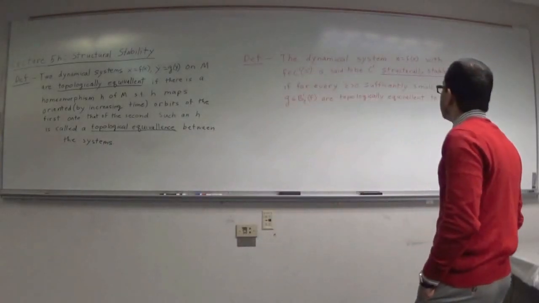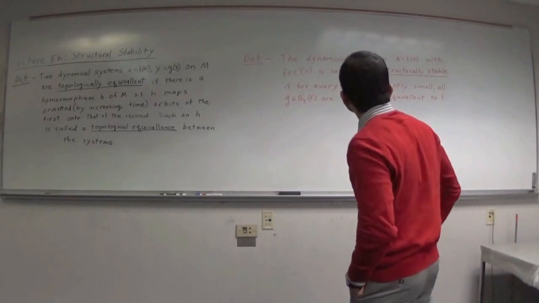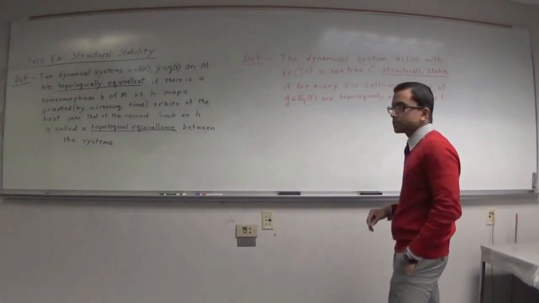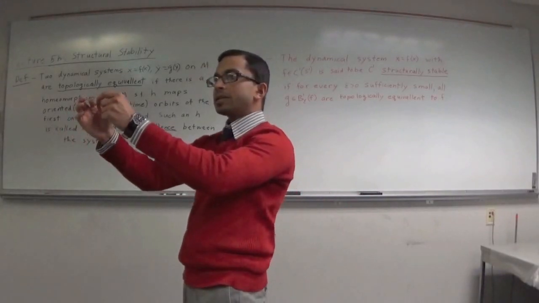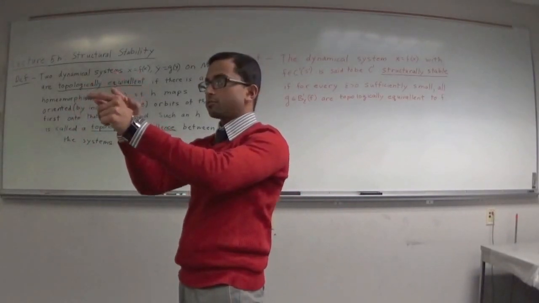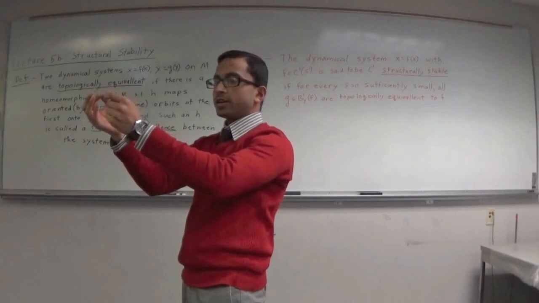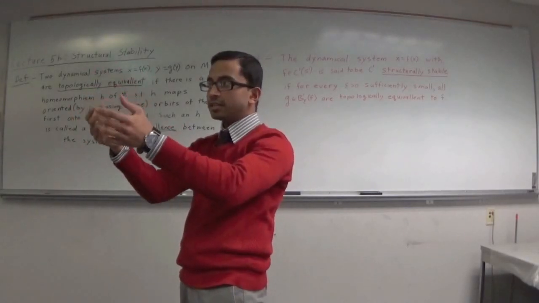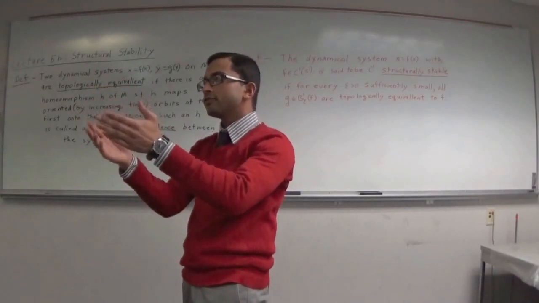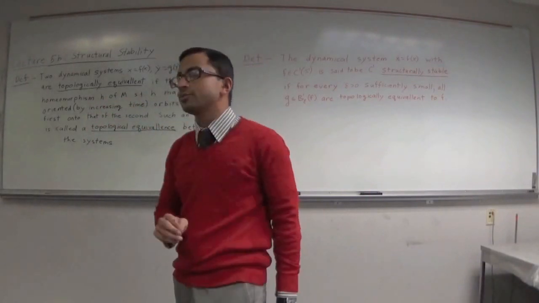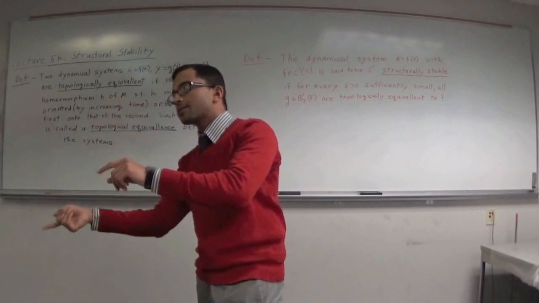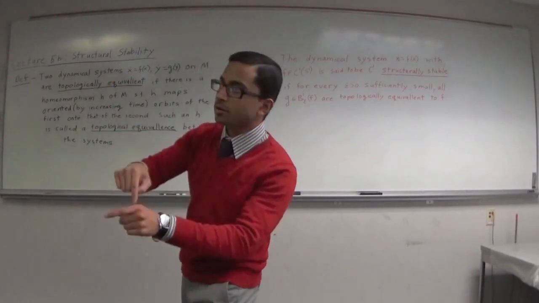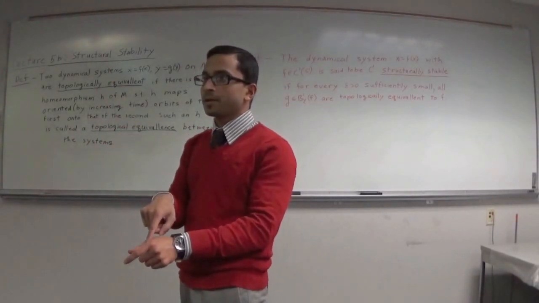So that basically means that if we have this dynamical system, x dot equals f of x, and if we have dynamical systems that are close enough, so if a different function, say g, is close enough to f in some way, and we'll say what close enough means, then that dynamical system will act the same as our original dynamical system.